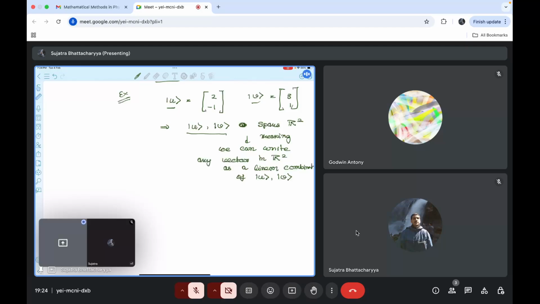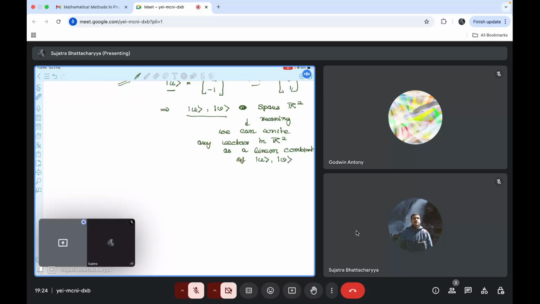This is the meaning of the span. Certain vectors spanning a particular set of vectors represents that any vector in that set can be written as a linear combination of those certain vectors. For example, if U and V span R2, then any vector in R2 can be written as a linear combination of U and V. That's the concept of span.